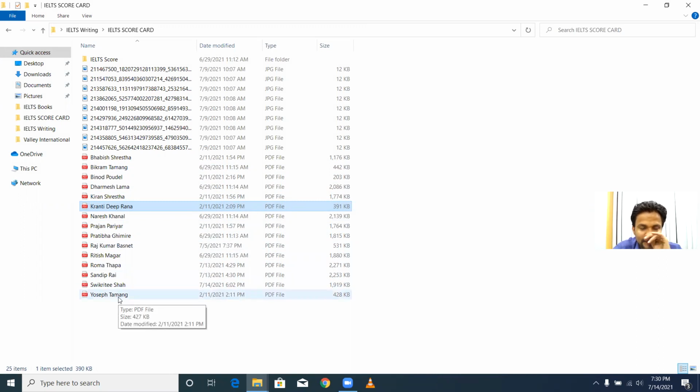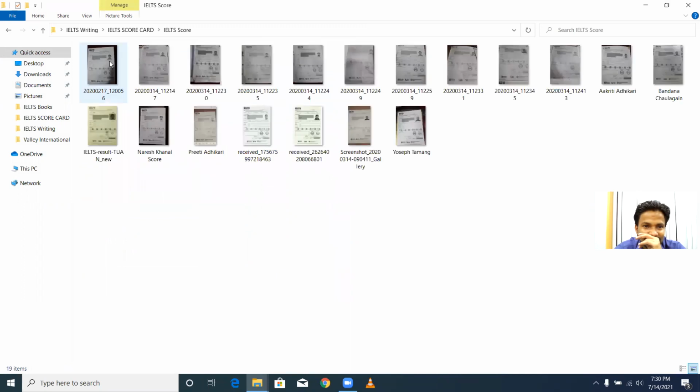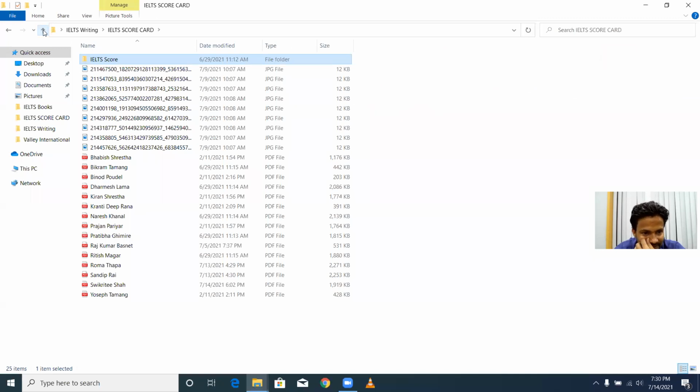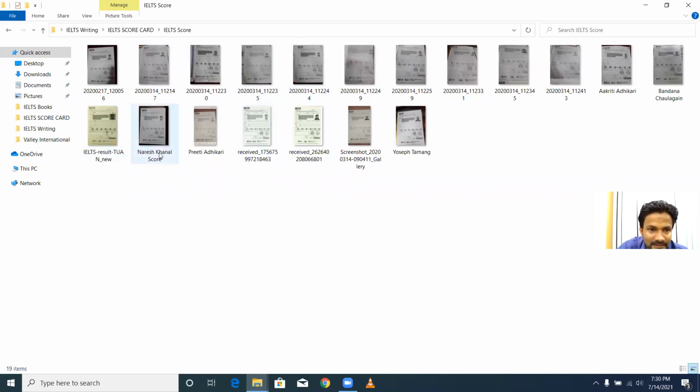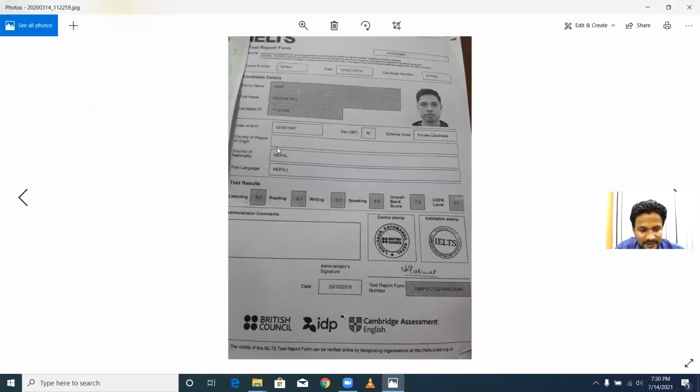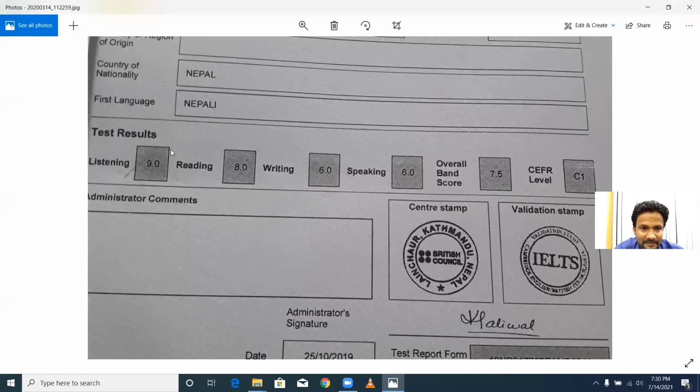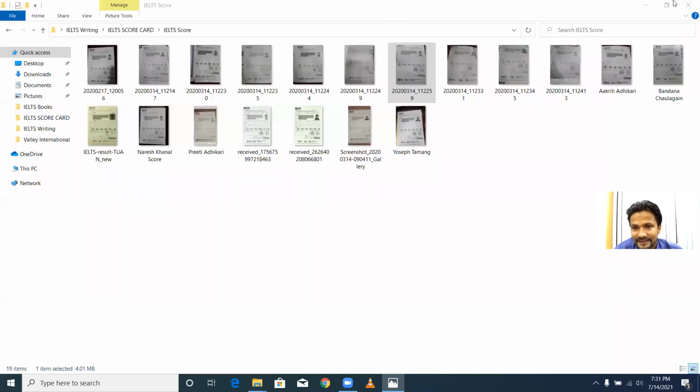Okay, there are some students. I just forgot the name, by the way. I guess it's here somewhere. Okay, you can see here band 9 in listening. Band 9 in listening here. So whoever is there, the next one, I just couldn't quite remember.